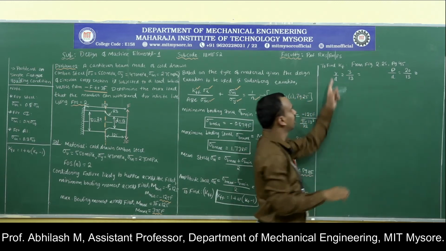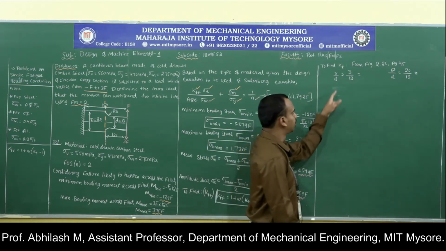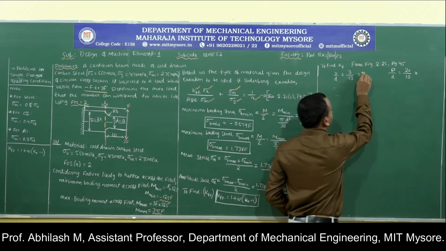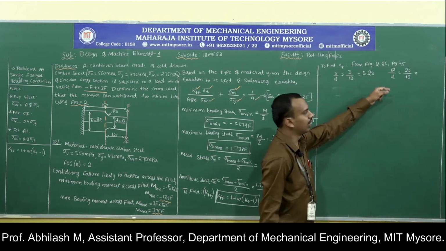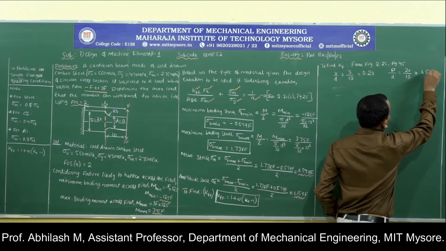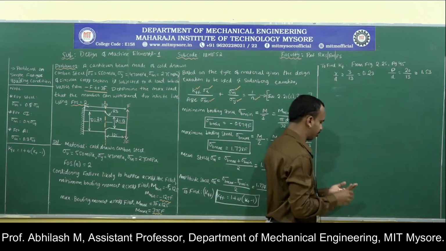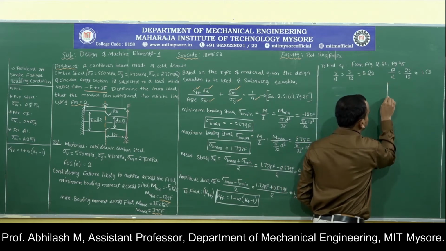Using these two data, I can calculate the value of Kt. The r by d ratio, that is 3 by 13, will give us the value of 0.23. Similarly, 20 by 13, that is the D by d ratio, gives us the value of 1.53.